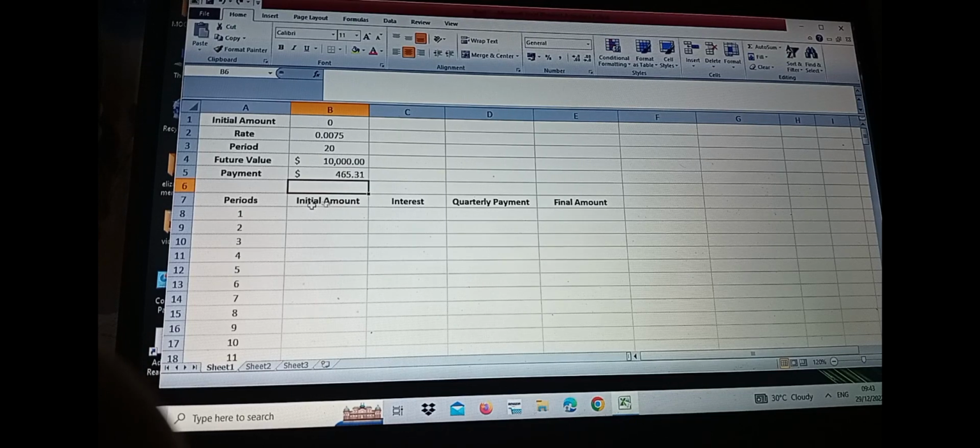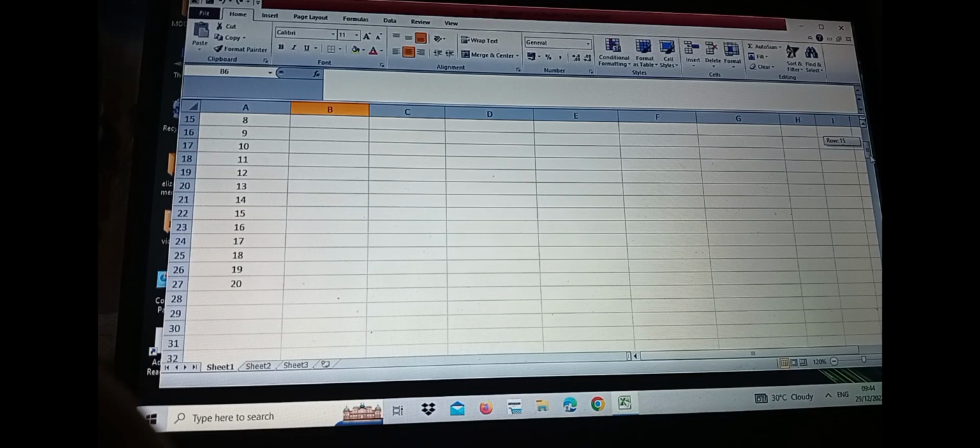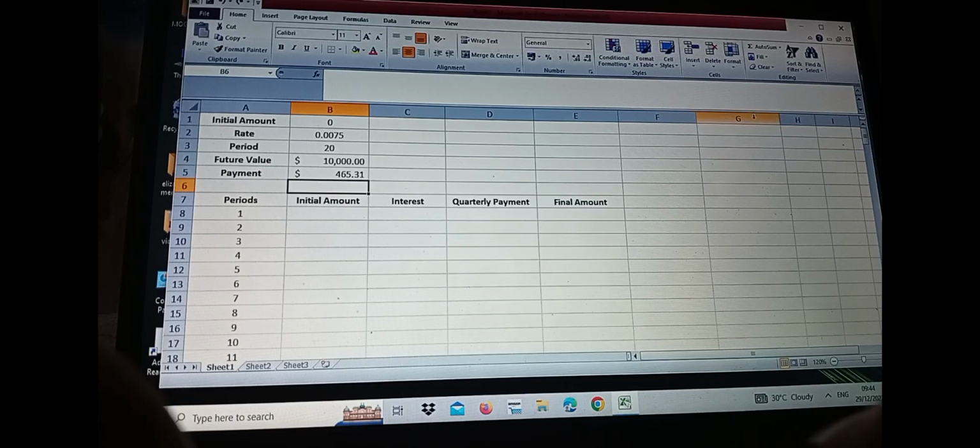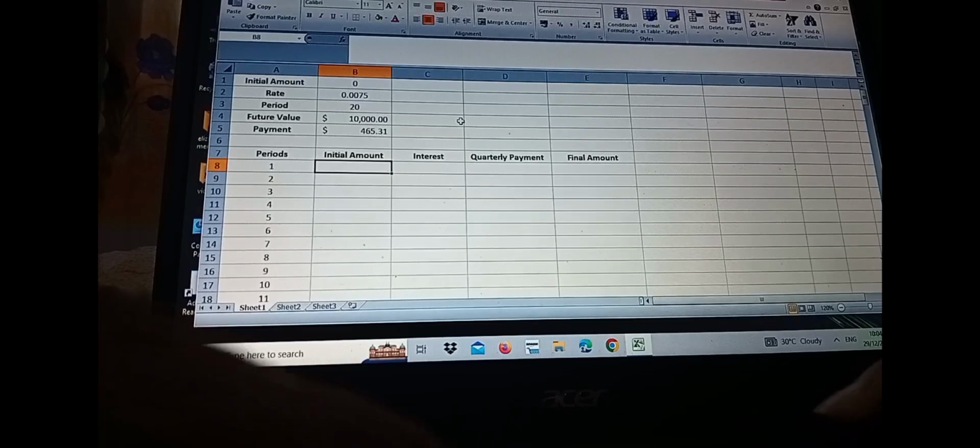And as what I prepared, the columns are the periods, initial amount, interest, quarterly payment, and the final amount. So we have 20 periods since our N is 20. Next is how to get the initial amount.